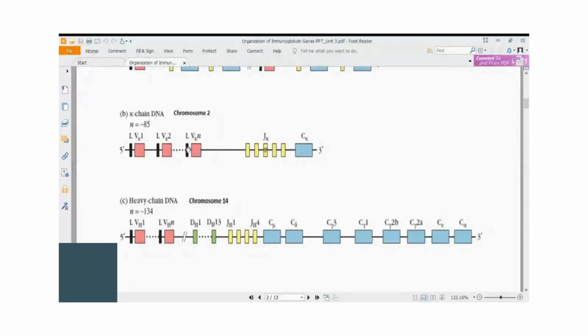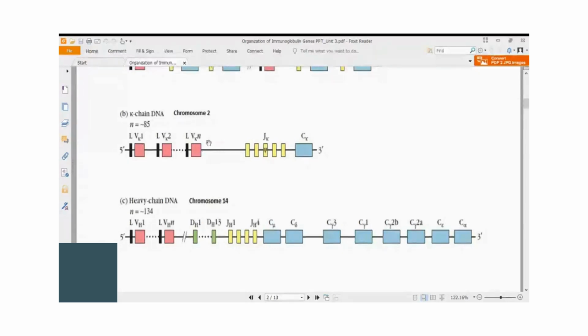The variable region has to recombine, meaning it has to be brought closer to the constant region, and it is the only specialized incidence of recombination within the chromosome in a somatic cell that is observed in the antibody producing B lymphocyte. No other somatic cell in our body shows this type of recombination, that is rearrangement of the genes, where the variable region segment is combined with the constant region segment.